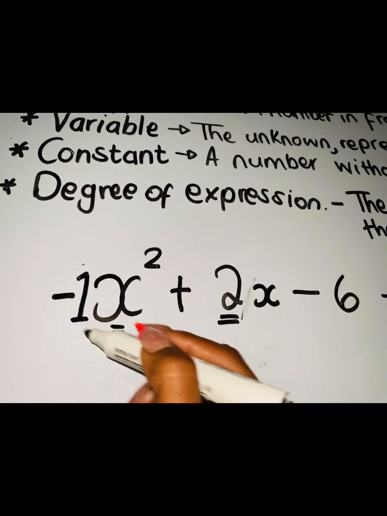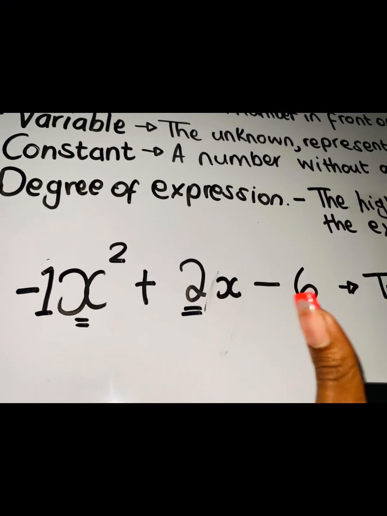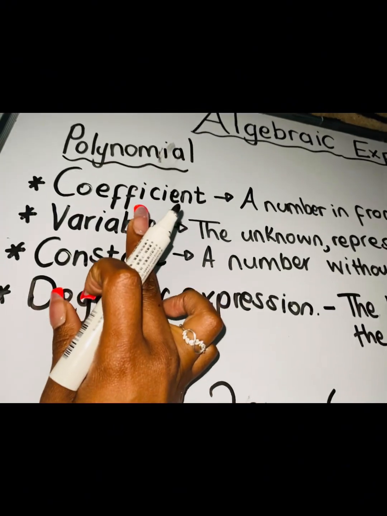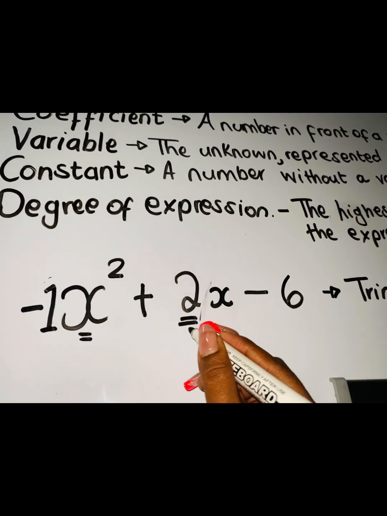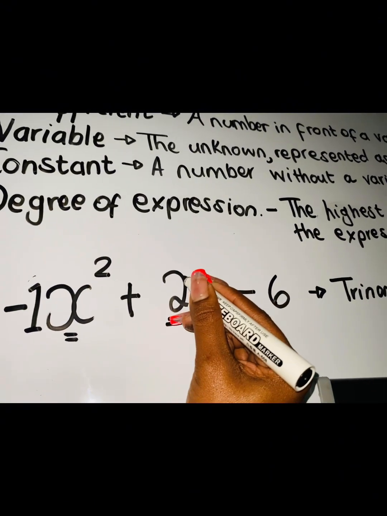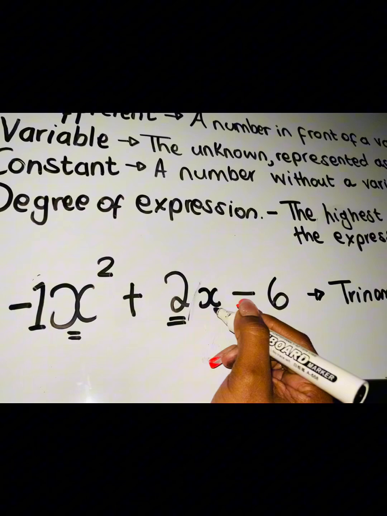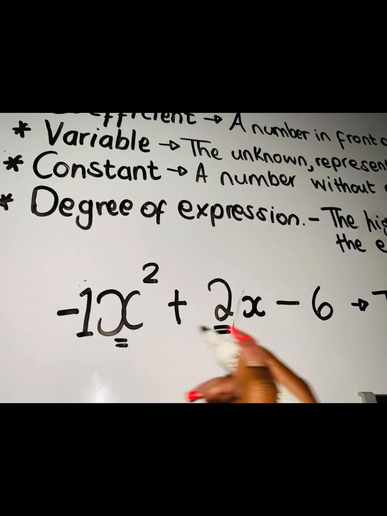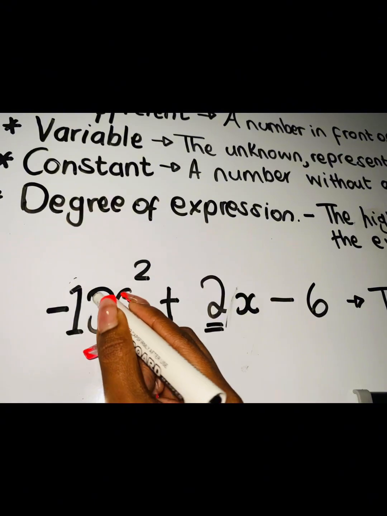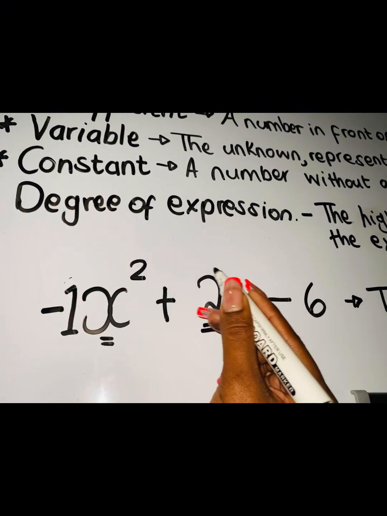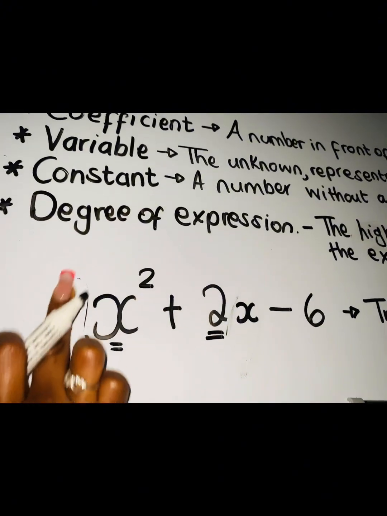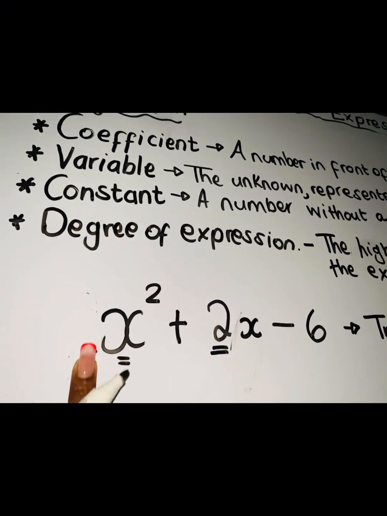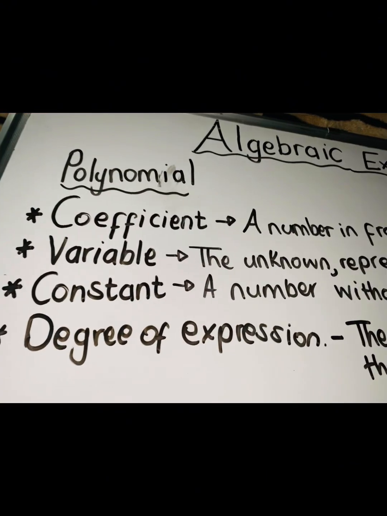So every number or every term goes with its sign. So when we talk about coefficient, we talk about the number that is in front of the variable. For example, these ones. So these are variables and the numbers in front of it would be these ones. Right. So that is what we call a coefficient.